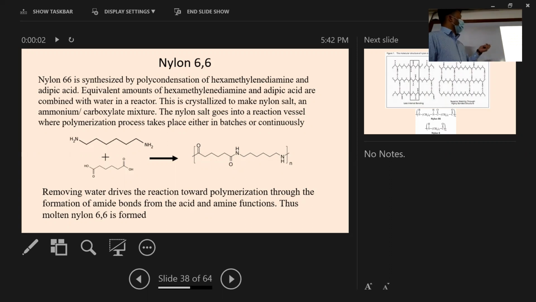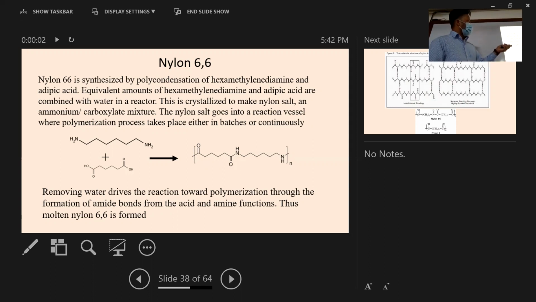And how does it form? Equivalent amounts of hexamethylene diamine and adipic acid are combined with water in a reactor. This is crystallized to make nylon salt. First, when we add equivalent amounts of hexamethylene diamine and adipic acid, it forms a salt.